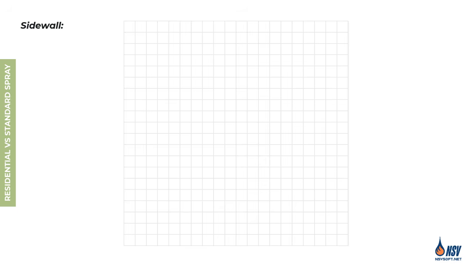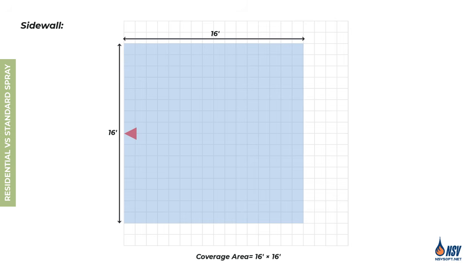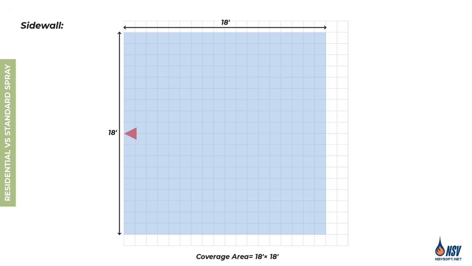Residential sidewall sprinklers, on the other hand, may be listed for square or rectangular coverage areas, including 12 by 12, 14 by 14, 16 by 16, 16 by 18, 16 by 20, 18 by 18, and 18 by 20 feet.